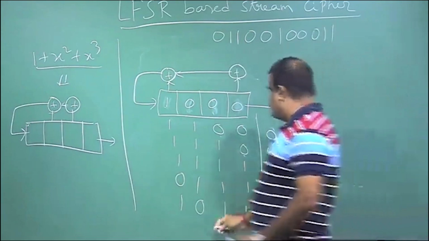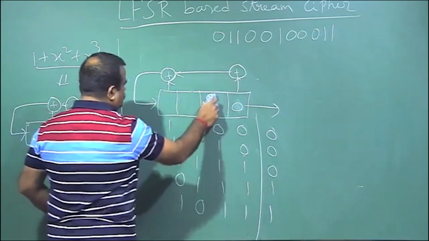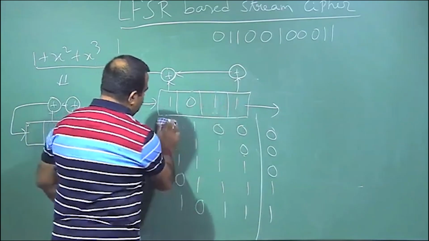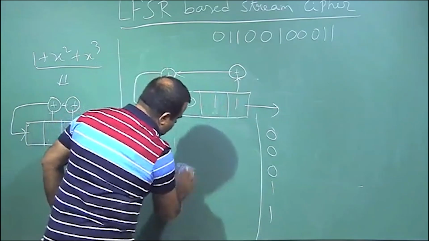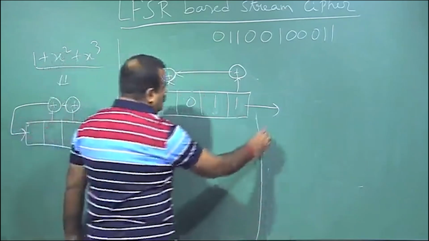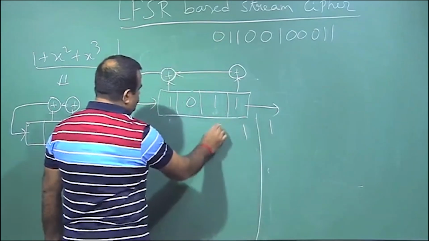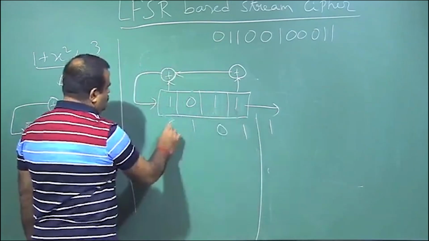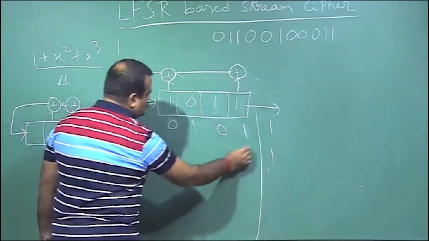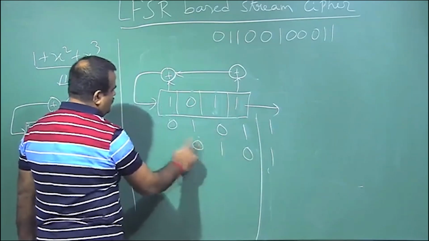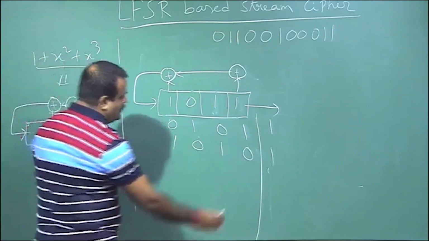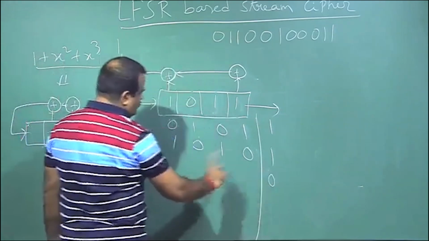Now, this is the current state. So, we will just copy here. So, 1 0 1 1. Again we will run this to get the next key stream. This 1 will come here, this 1 will come here, this 0, this 1 will come here, we XOR these 2, this will give us 0, and then 1 will come here, this 0 will come here, 1 will come here, this 0 will come here, this 2 will give us a 1, and then again 0 will be the output.